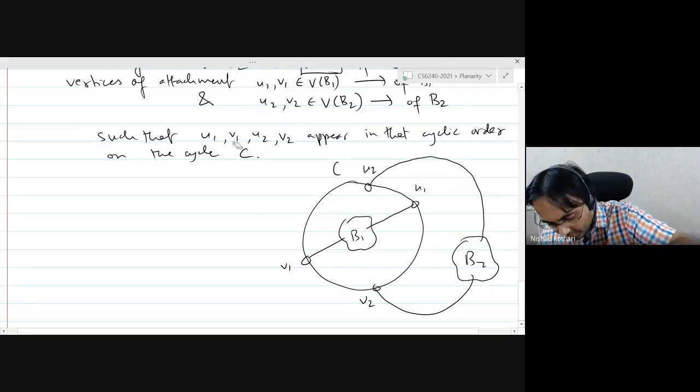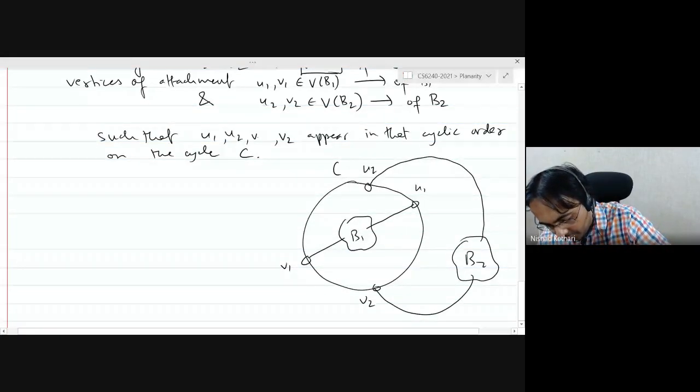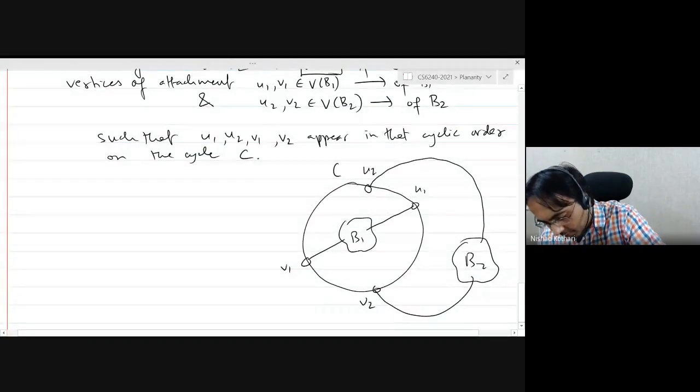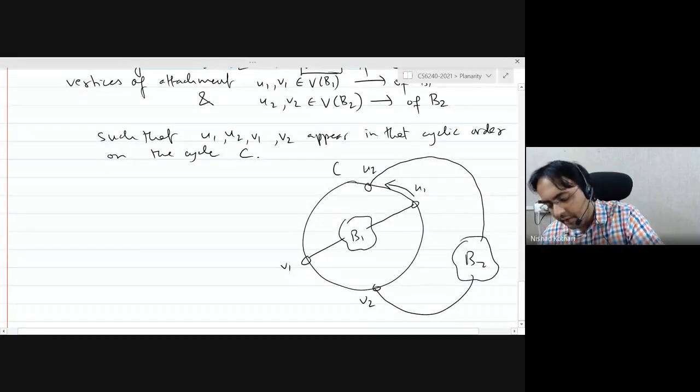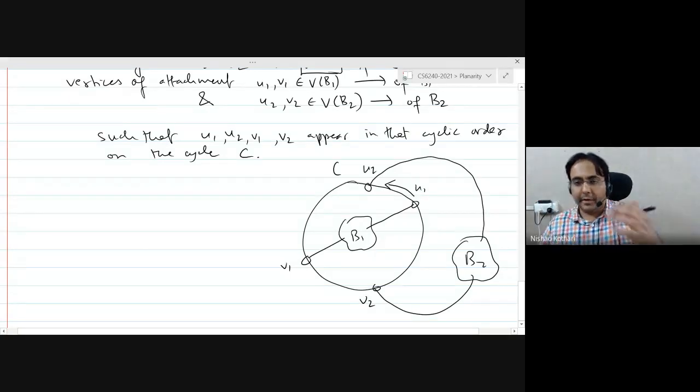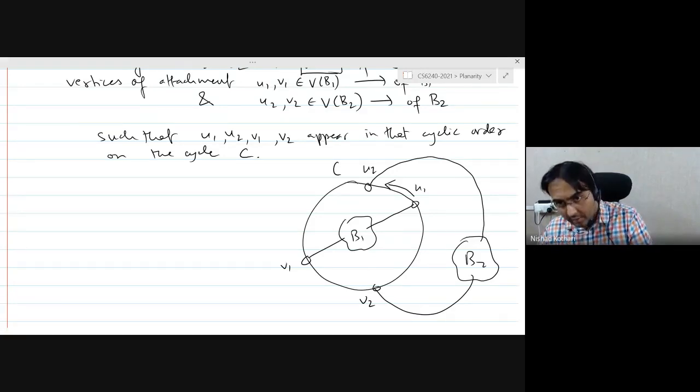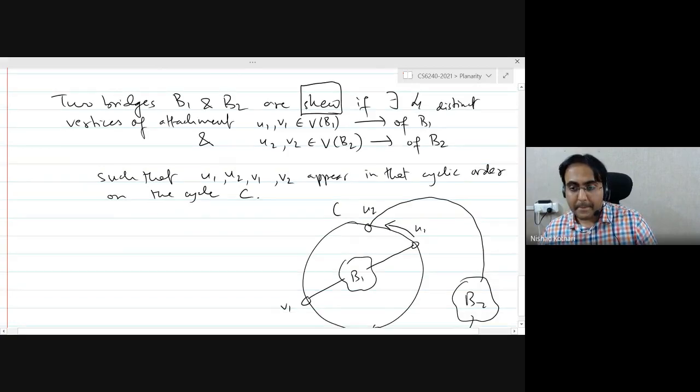I'm sorry. I meant to write U1 followed by U2 followed by V1 followed by V2. So if you go in this way, you will see U1 followed by U2 followed by V1 followed by V2. So you will first see an attachment vertex of B1, then an attachment vertex of B2, then again B1, and again B2, right? So they are interlaced in this fashion. And in this case, we will call them skew. Okay?